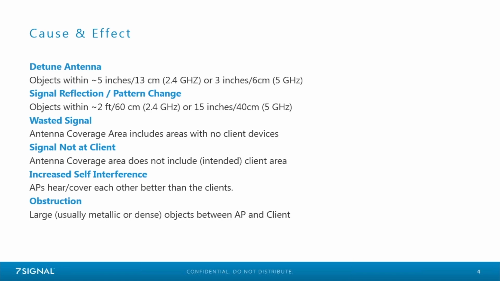So really that's part of why they like to be in free space. The other is that they will change the pattern of the antenna. So instead of being omnidirectional, it will be something else. And sometimes it can be a little bit hard to predict what that pattern is going to end up being. It's going to depend on the distance and the shape of the objects.